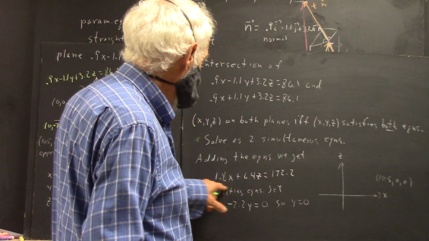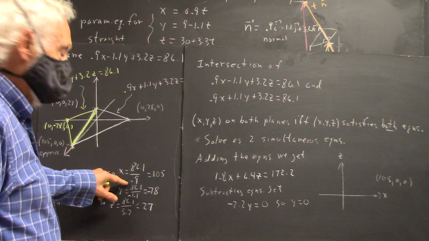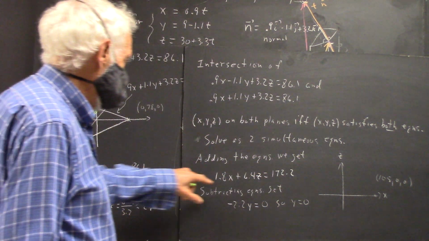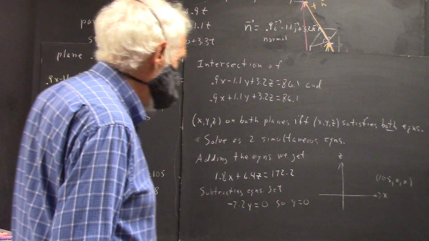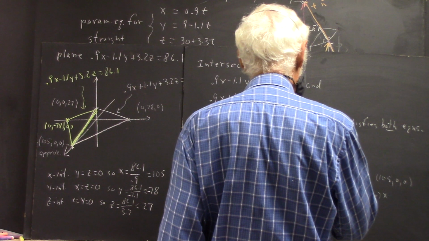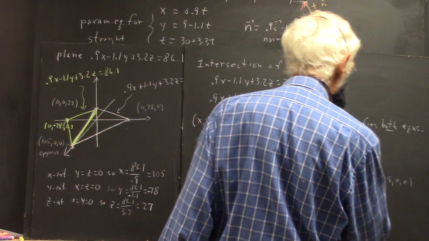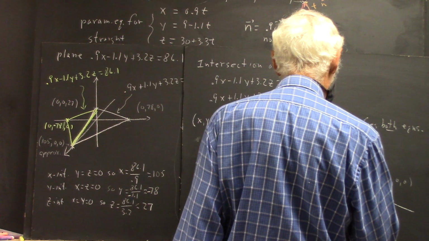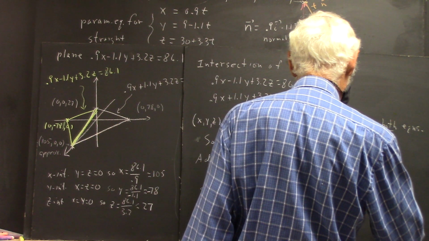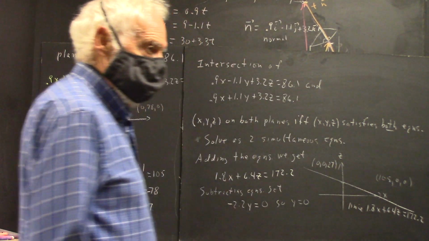But 172.2 over 1.8 is the same as 86.1 over 0.9, because 172 is just a double of this, and the 1.8 is a double of 0.9. And here it's okay.